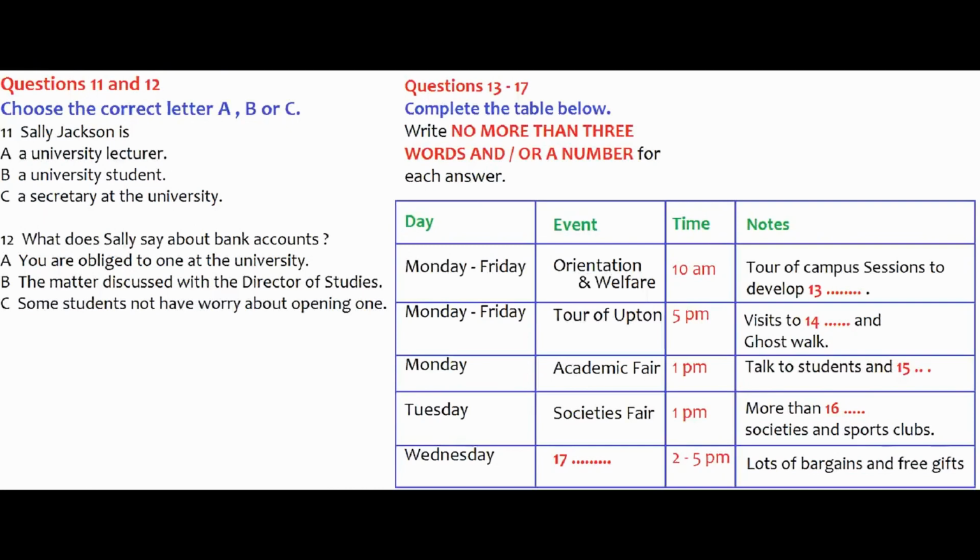Part 2. You'll hear someone talking to a group of university students. First, you have some time to look at questions 11 to 17. Now listen carefully and answer questions 11 to 17.